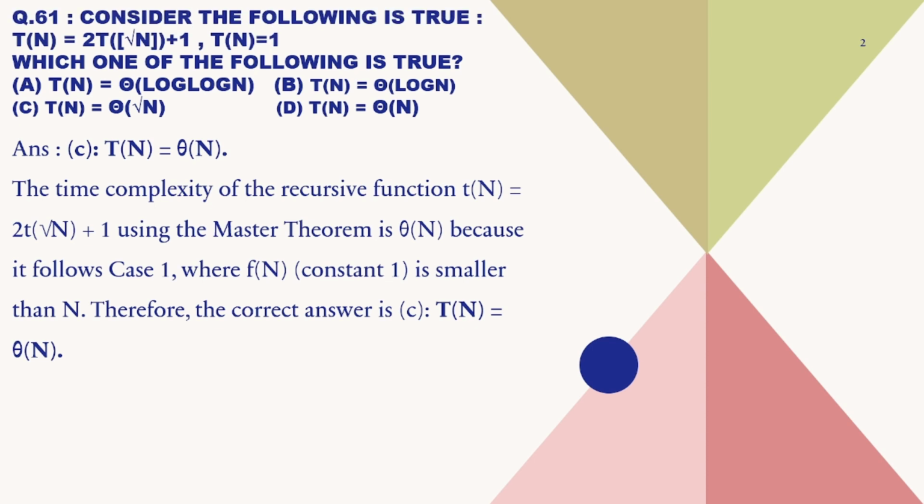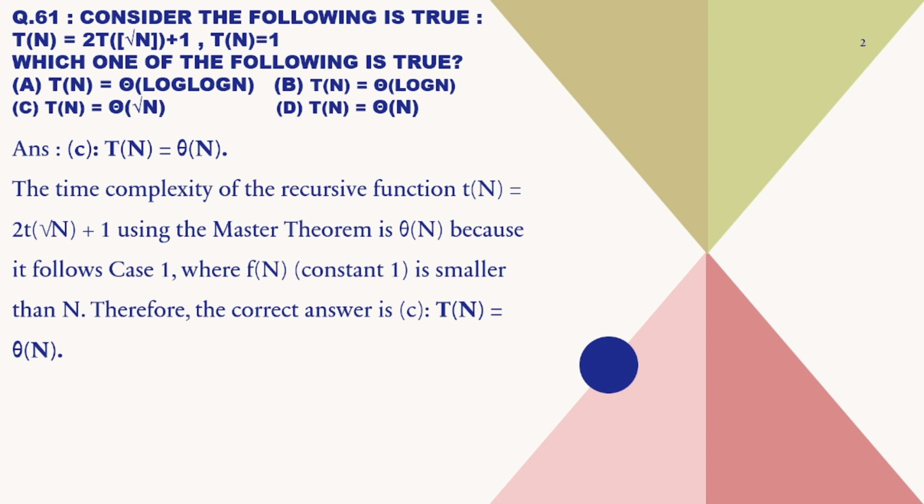So my first question is: consider the following is true. T of 2n is equal to 2T(root n) plus 1, where T of 1 is equal to 1. According to the options, I think option C is the right answer, because of the time complexity of the recursive function T of n given here.